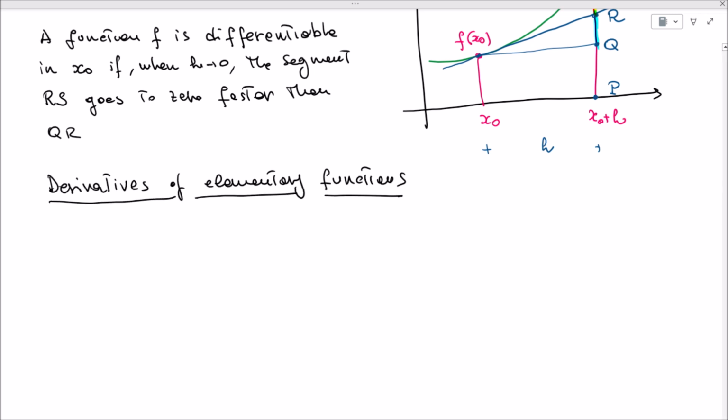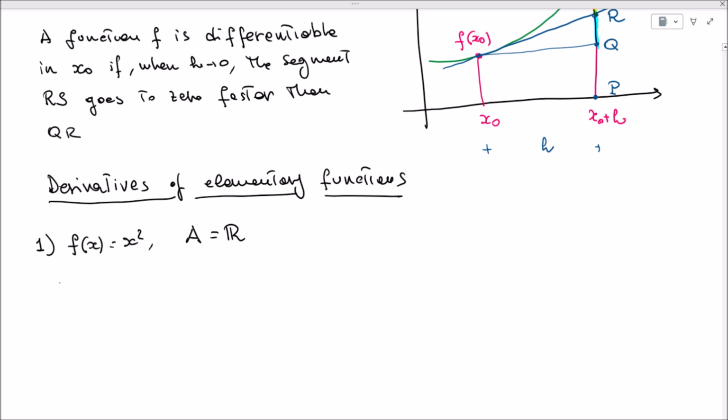Okay, let's start with the first function, f of x equal to x squared. And this function clearly is defined on the entire real line.